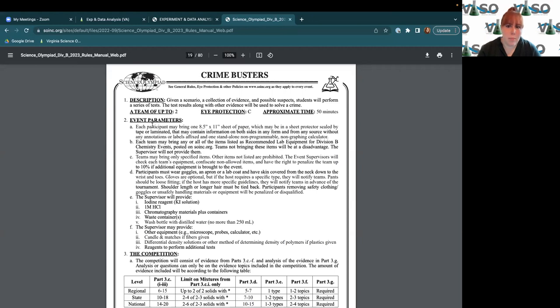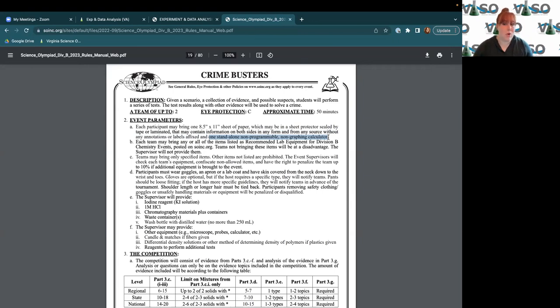Each participant may bring a sheet of paper. It gives some parameters about how that paper can be modified. And it also says that they can bring one standalone, non-programmable, non-graphing calculator. There is also a guide in here that I will show you about the different types of calculators for different events, because some events don't allow a calculator at all.